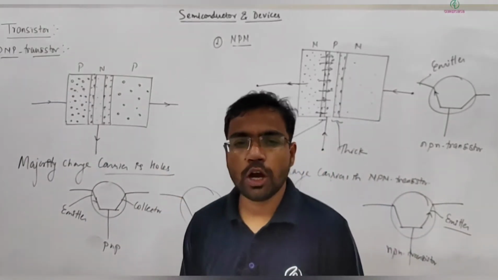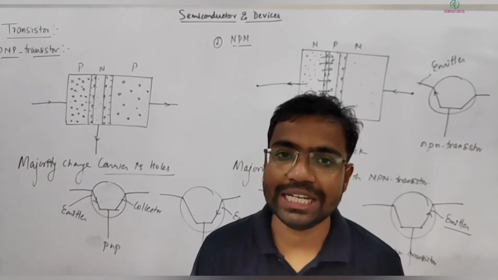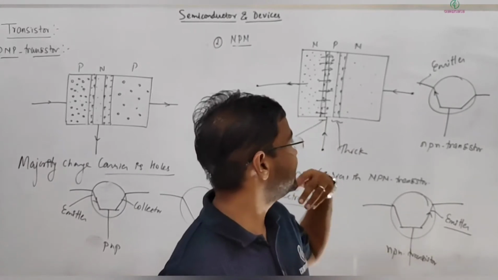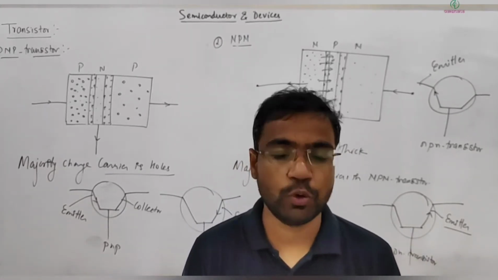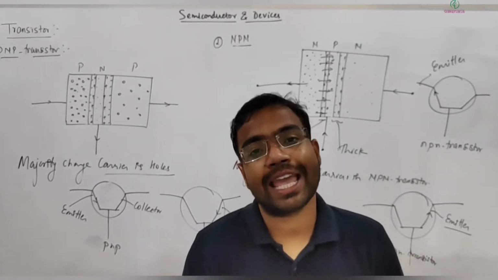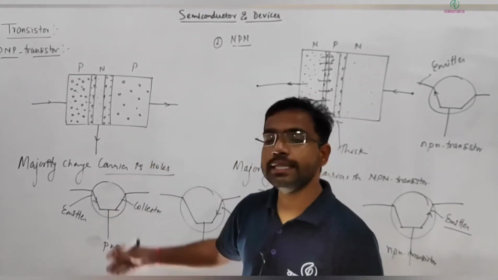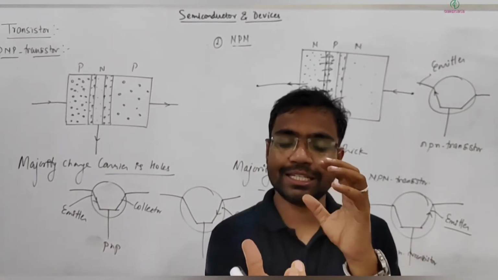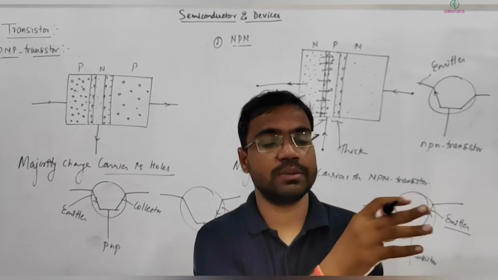The mobility of holes is actually less compared to electrons. So electrons can flow easily. Mobility means a measurement of how easily a charge carrier can flow, because in the case of holes, we can consider the complete atom is moving.